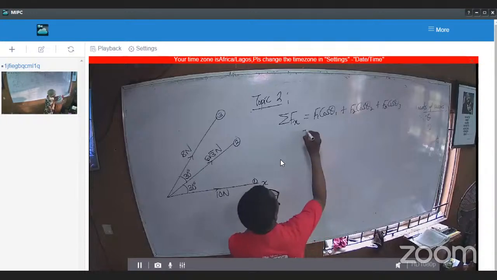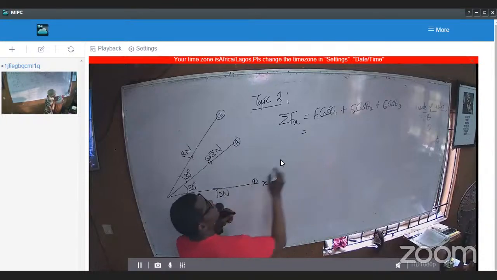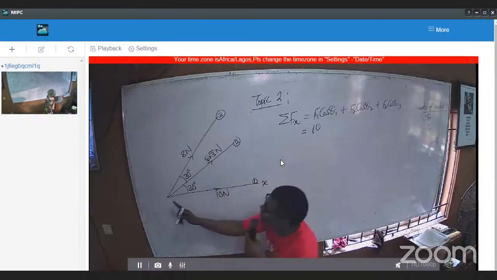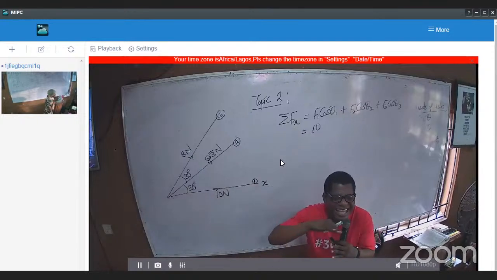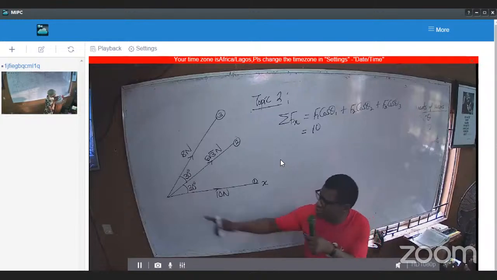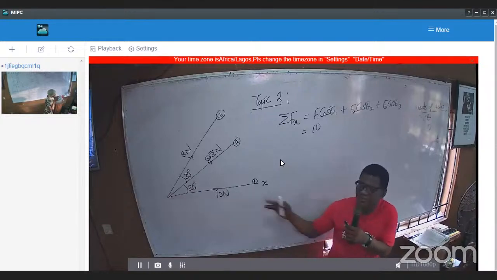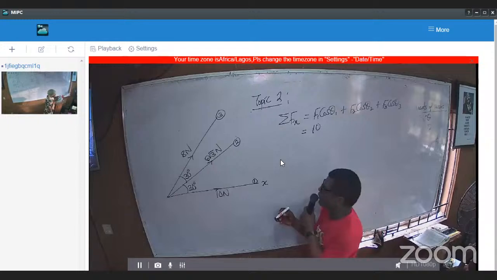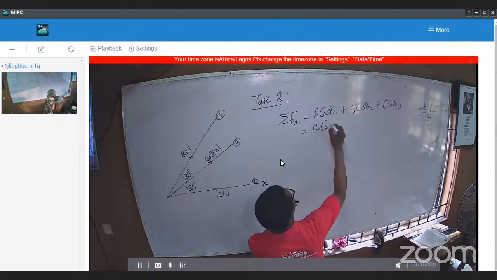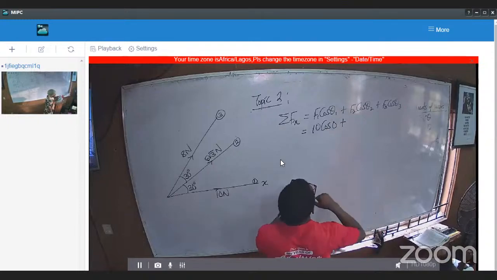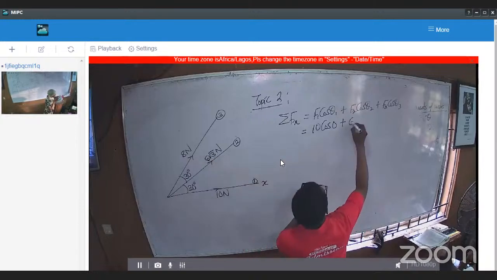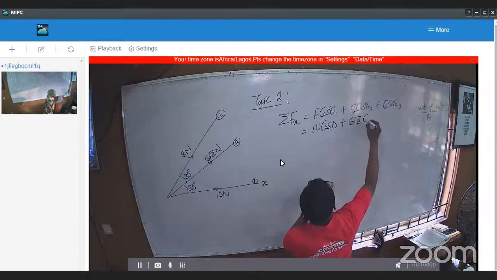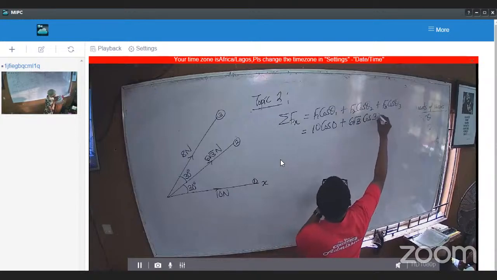So let's go. What's your F1? 10. Now, this one is along the x-axis, so the angle will be 0. There is no angle. It's in phase with the x-axis, so that will be cos 0. Plus the next, 6√3, and it makes what angle with the horizontal? Cos 30.